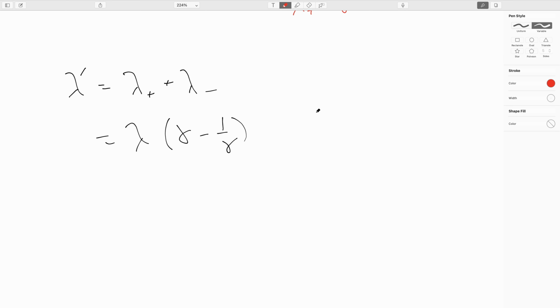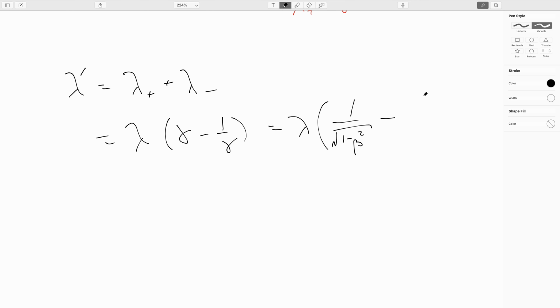Alrighty. So if we go ahead and put in for what that is, we remember that gamma is 1 over the square root of 1 minus beta squared.